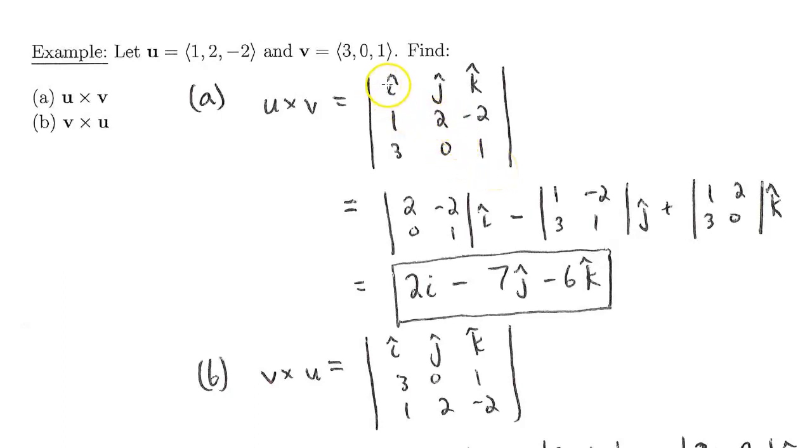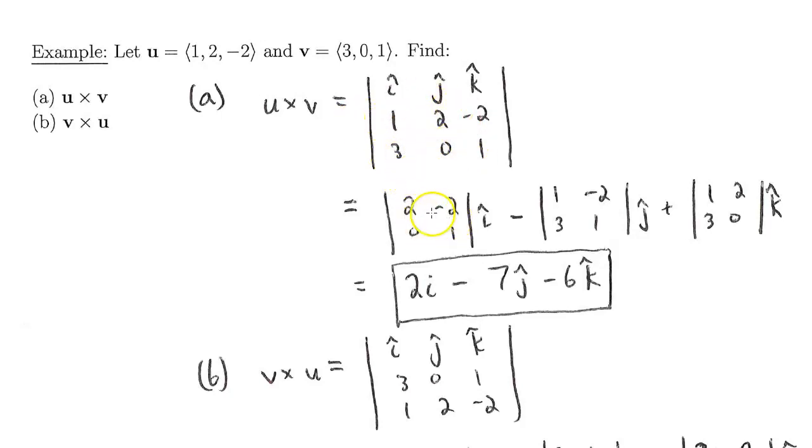Well, it would be I times the determinant of this matrix, 2, negative 2, 0, 1. And then minus, remember it's always minus when you're doing the determinant with the second one here, minus J times the determinant of 1, negative 2, 3, 1. And finally, plus K times the determinant of this matrix here, 1, 2, 3, 0.